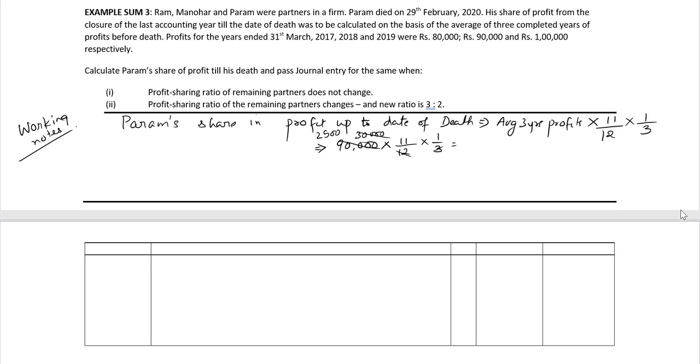It's 2,500 multiplied by 11, which is rupees 27,500.